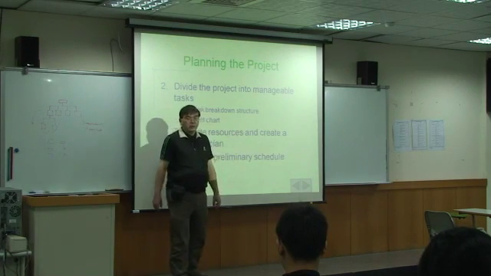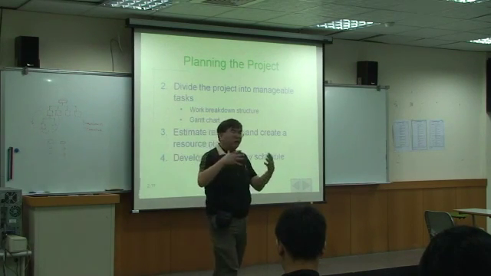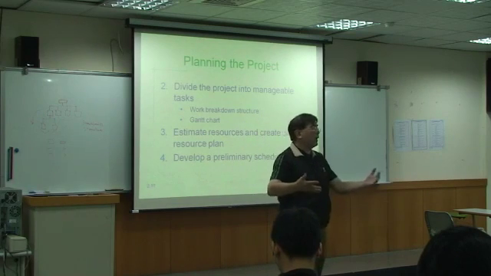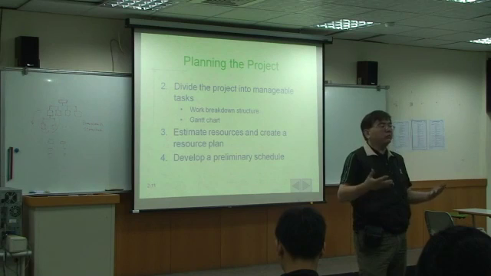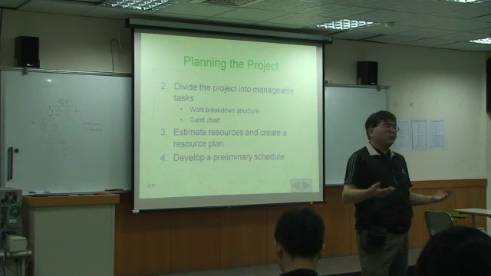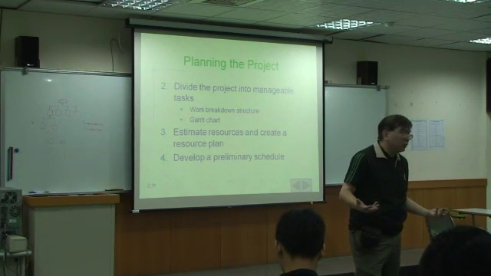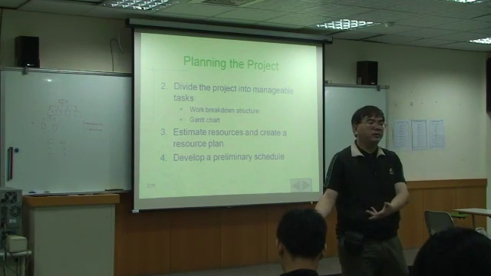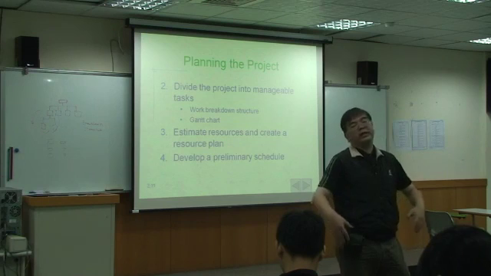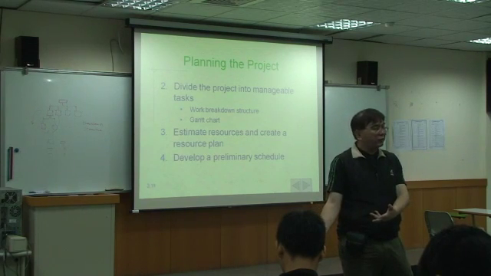resources. So if you have the material but you don't have the manpower, no one can do the work, so you cannot do anything. If you have the manpower but your equipment is not enough, you cannot push your machines to do more work.